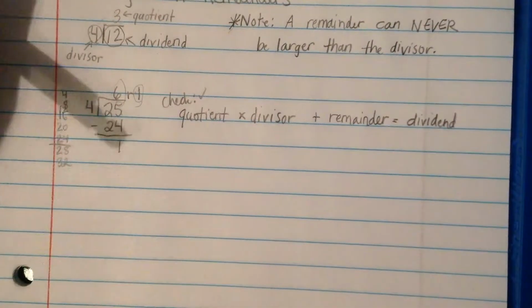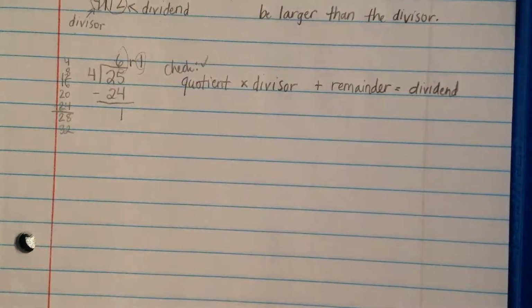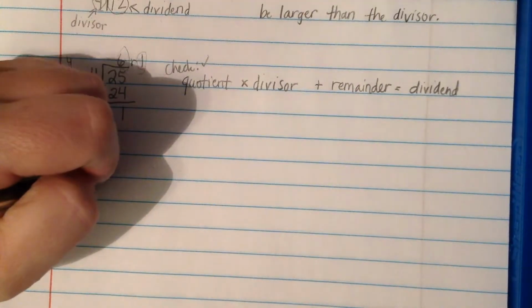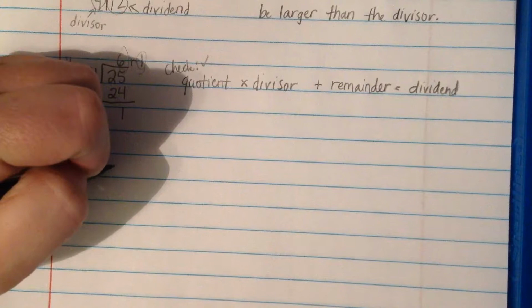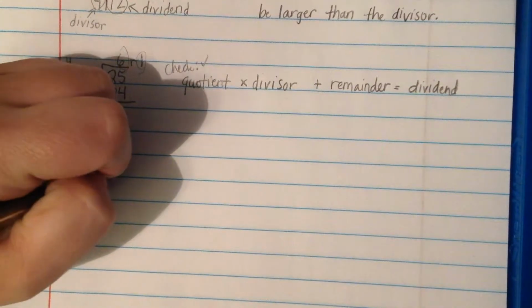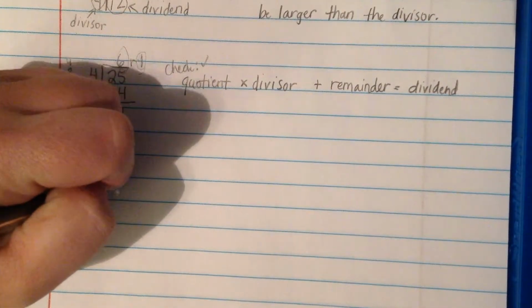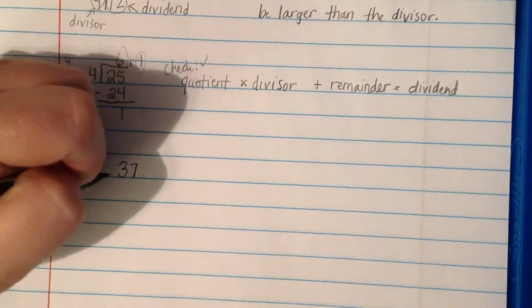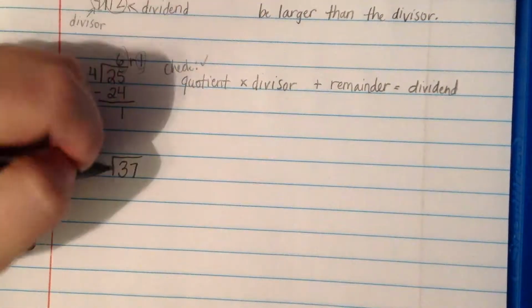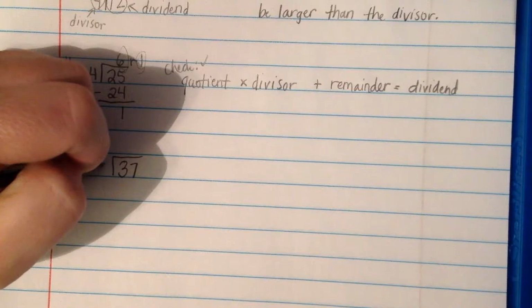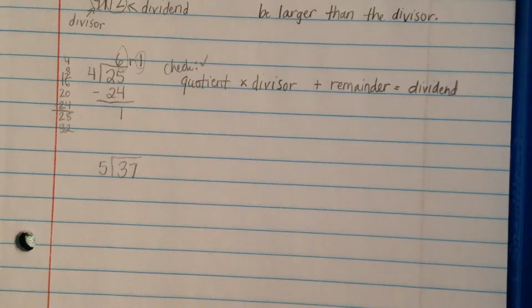Let's do a harder one. Let's do 37 divided by 5.